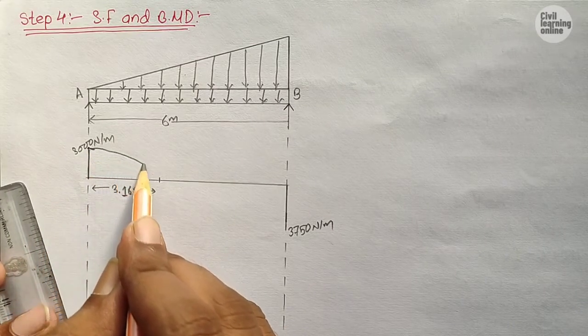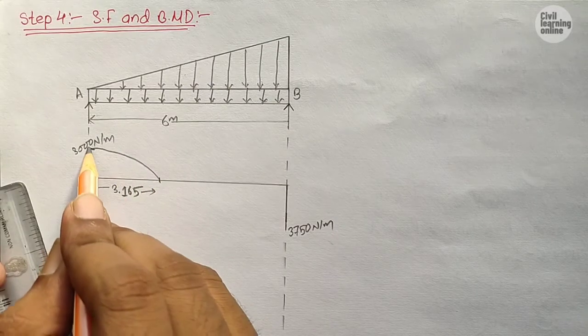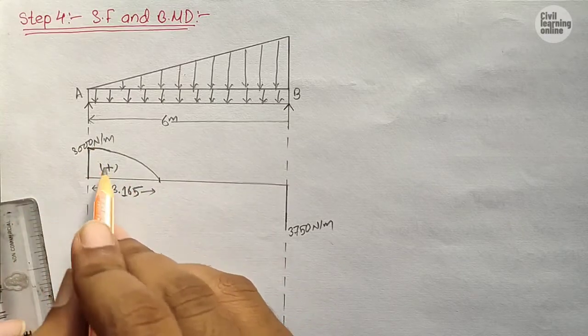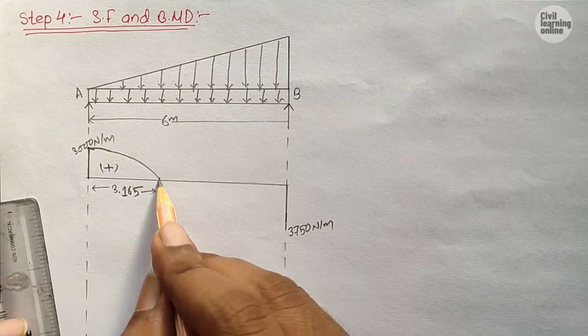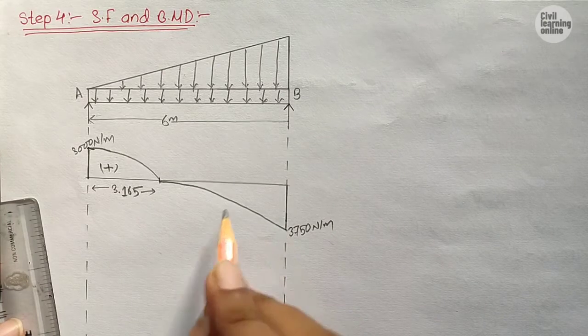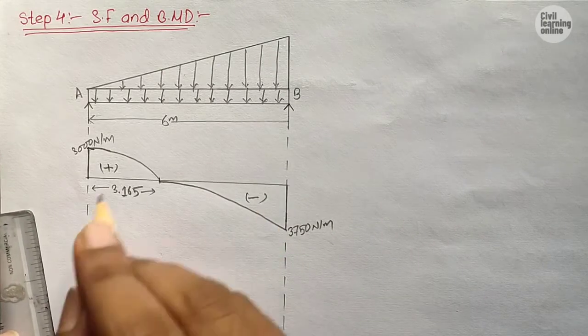So make the positive value hogging, and this slightly depressed up to here, and this is our shear force diagram.